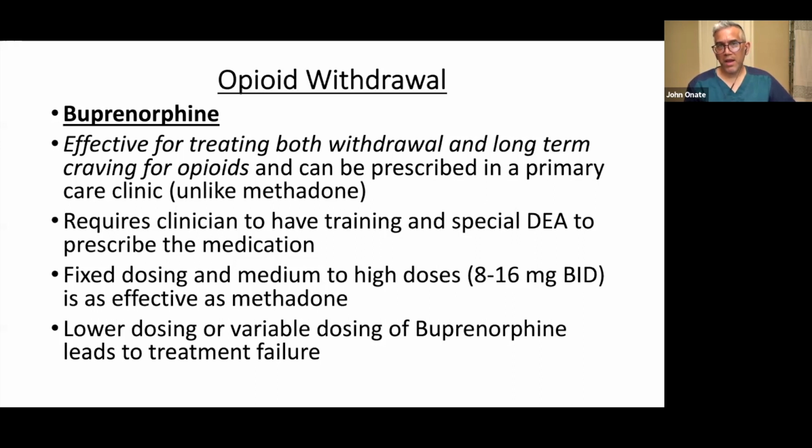And then after that, we use it in the maintenance phase to help reduce going back to more dangerous opiates like heroin, Norco, morphine or fentanyl. Typically you use 8 to 16 milligrams when you start it, and then you try to titrate down to a maintenance dose for the person.